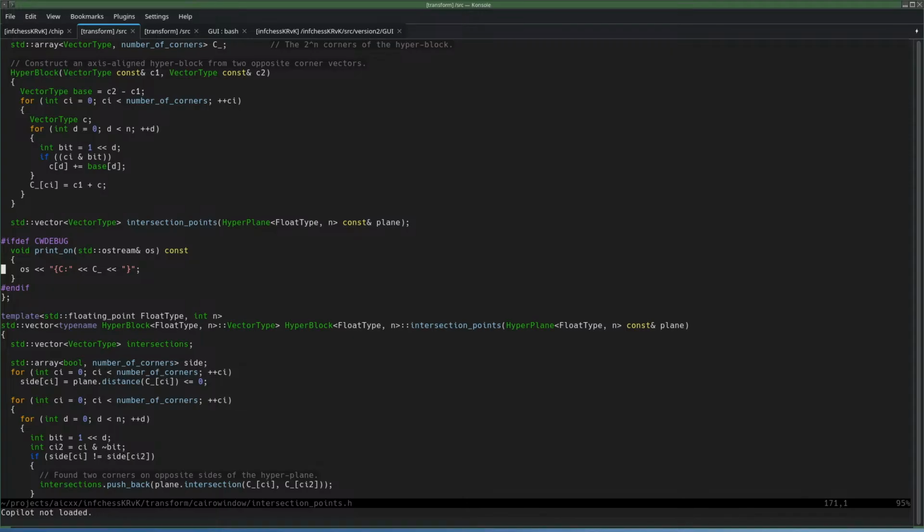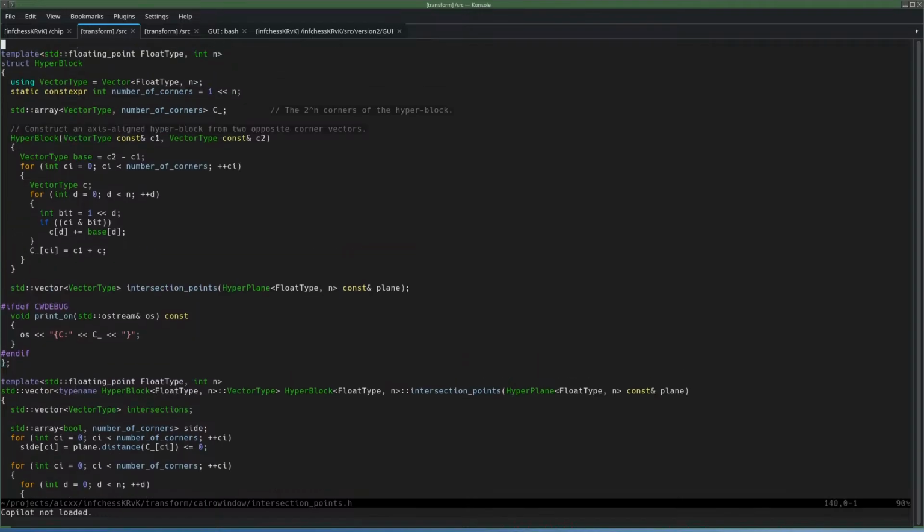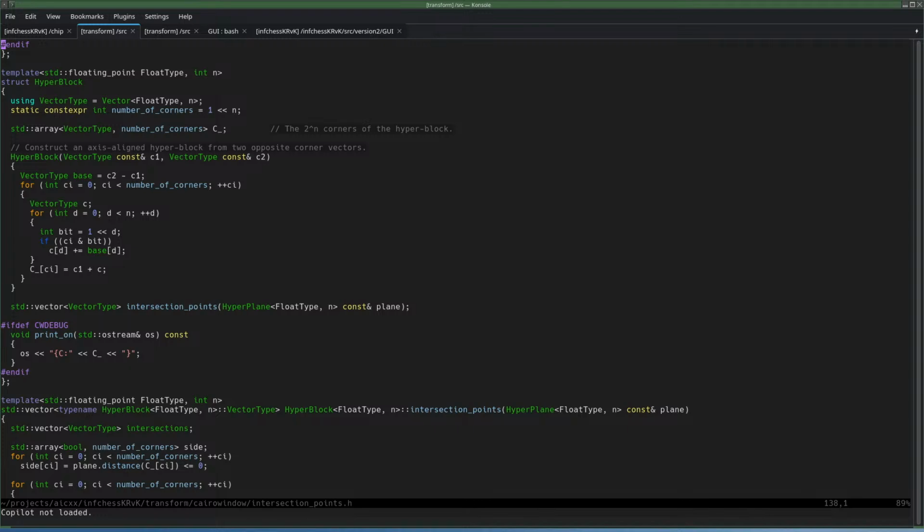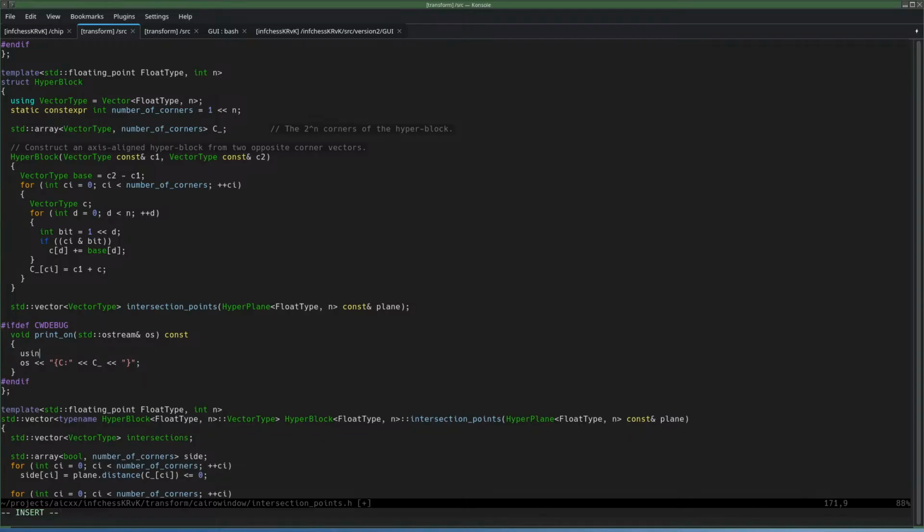Are you now telling me that I have to add the OStream prelude thing here in every print on? Well, only if I need something that is outside the current namespace, I suppose. It seems like a little in array, so I could say using namespace CWDS.